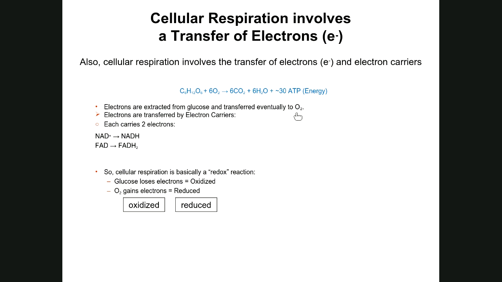So we'll talk about it more. What I haven't mentioned is how the electrons that are initially stripped from glucose eventually make their way to the final electron acceptor. It has to do with molecules called electron carriers.